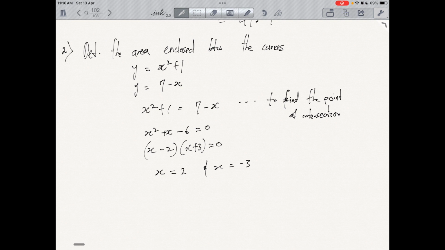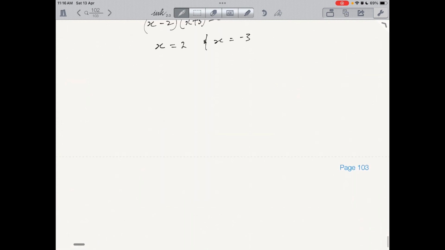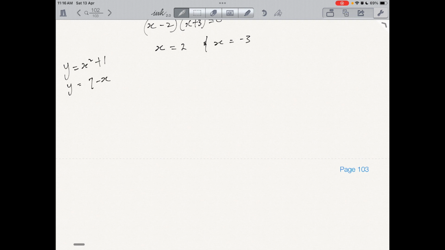So let's have a brief sketch of both y is equal to x squared plus 1 and y is equal to 7 minus x. So let's sketch them, and we can see that x squared plus 1 is similar to this, and 7 minus x is similar to this.